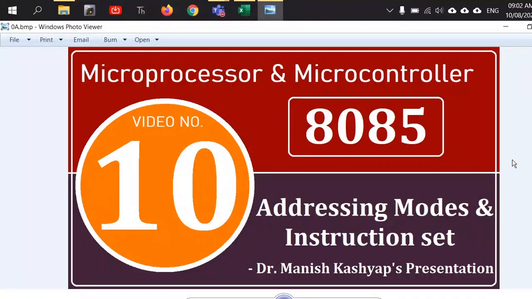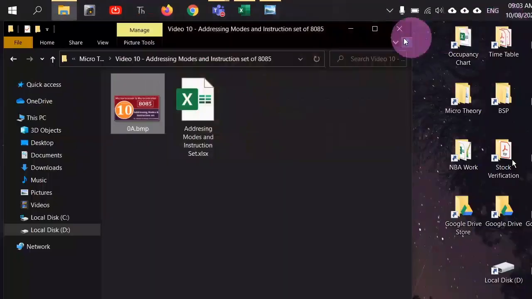We will first study 8086, and with 8086 and 8085, some common interfacing devices can be attached and used as a keyboard, a screen, or a mouse. So we will be studying them combinedly. Now the purpose of today's lecture is to study addressing mode and the instruction set. Let me just start recording the lecture.